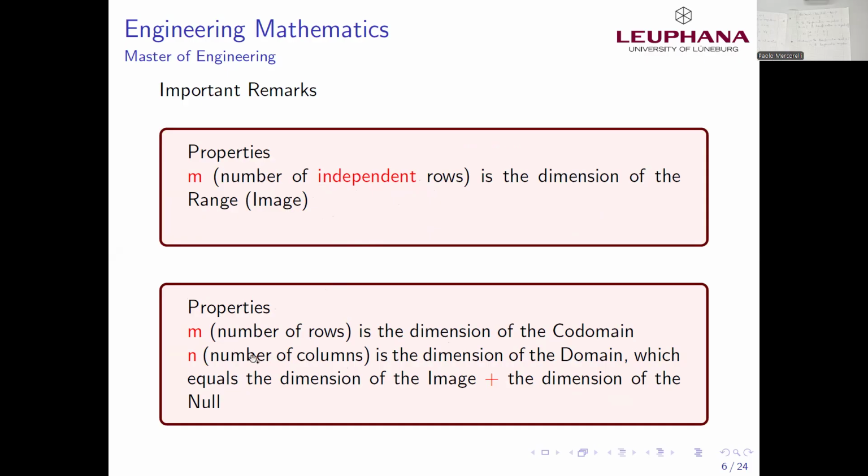Probably before, I copied independent from this into the LaTeX. The dimension of the domain is the number of columns, no? Not the number of independent columns, because probably I copied from here to be a little bit quick. Now everything is correct. Excuse me for the error. I will clarify a little bit.